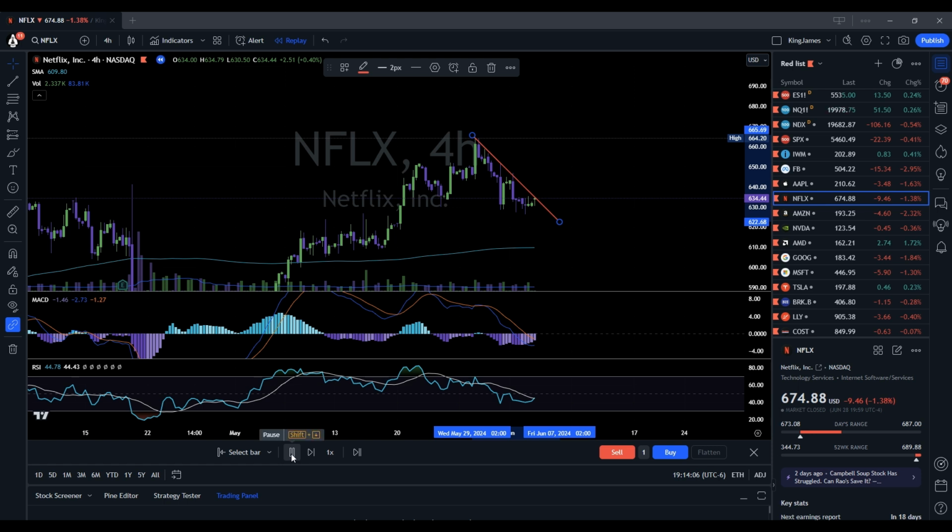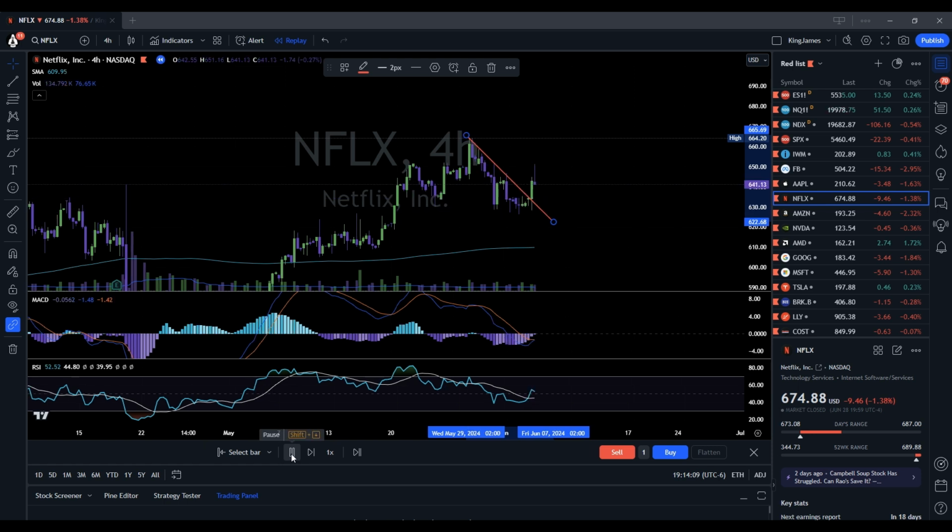So I believe the next candle will be our break. Okay, guys, right there. So because this is the first candle to break above our trend line, that is our entry point. So it doesn't matter at what time you see this happening, as long as it's within this 4-hour time frame and this 4-hour candle, that is our entry, because we got all 3 signals happening at once.